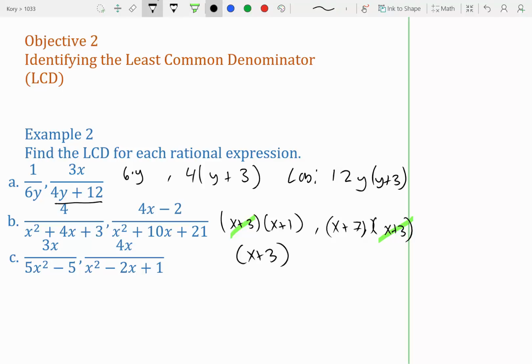And then this is x plus 1 and x plus 7. Those are different, so we have to write them individually. So we have x plus 3, x plus 1, and x plus 7. So that would be our LCD.